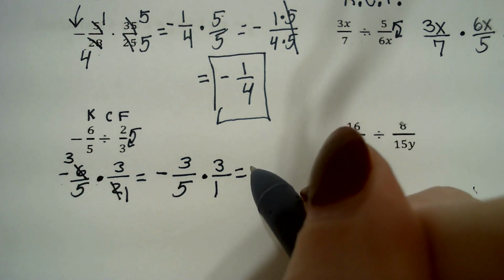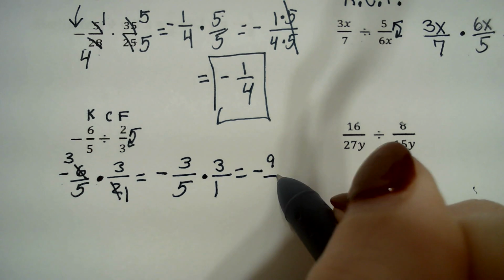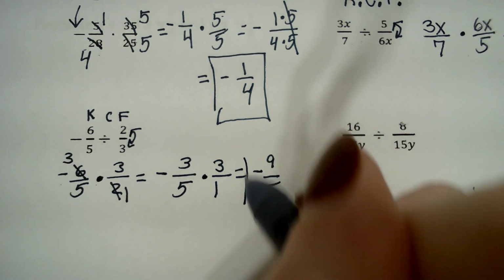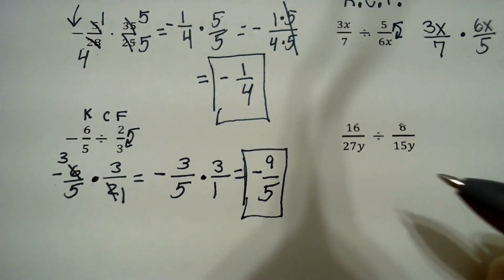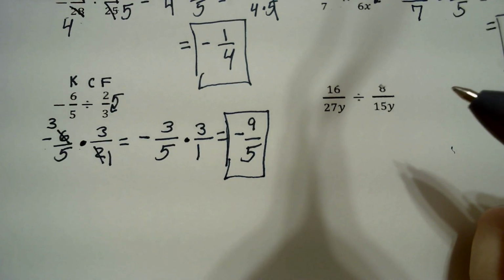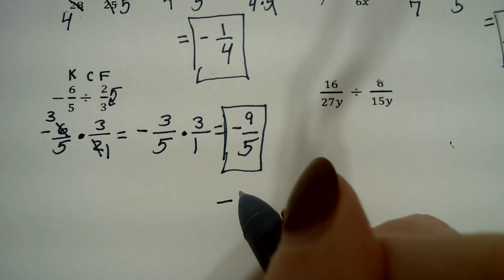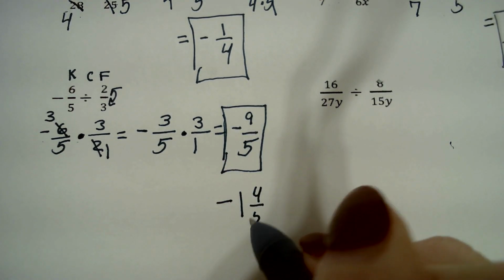So from there, I'm going to multiply straight across, and I get negative 9 over 5. Now, we would also want to make sure to write this as a mixed number, since this is improper. So that's going to be negative 1 and 4/5.